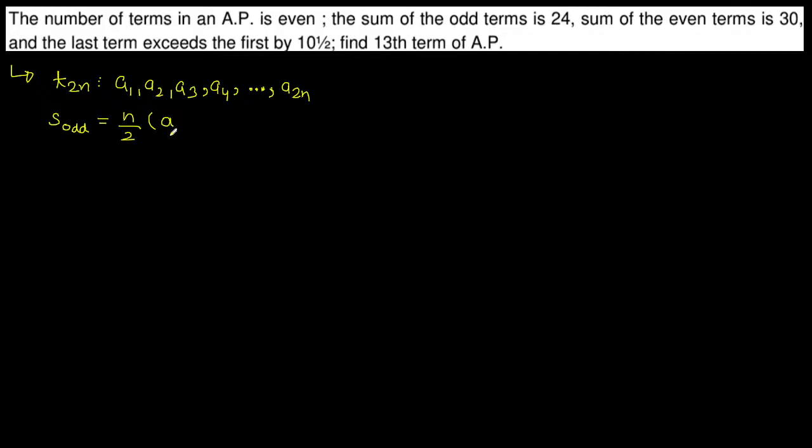The odd terms are a1 plus (n minus 1) into d. In the odd terms, the difference will come out to be 2d, and the sum is equal to 24.